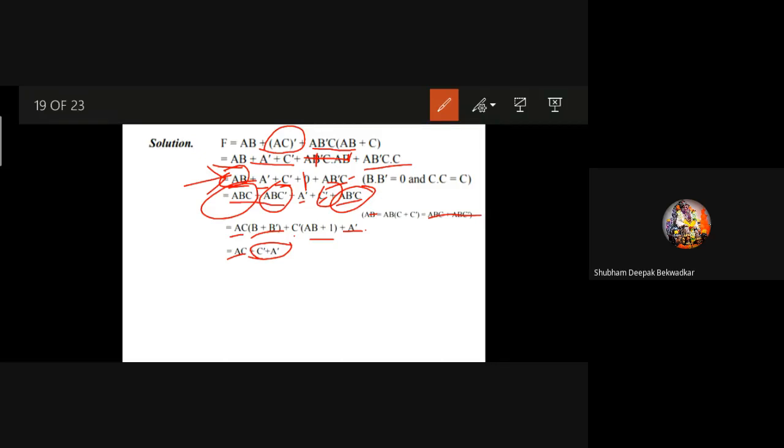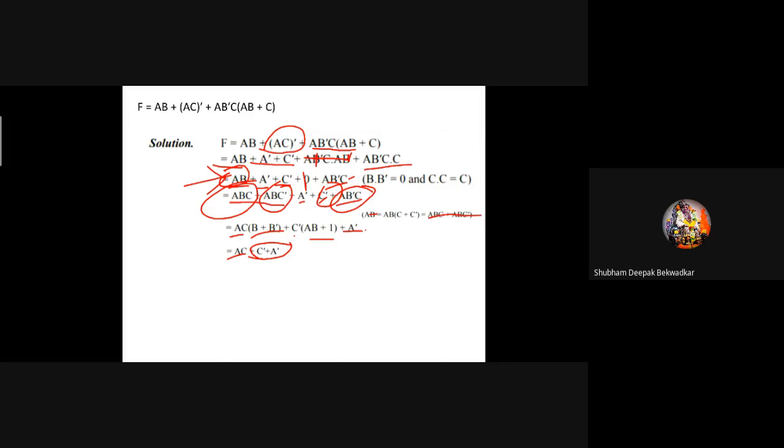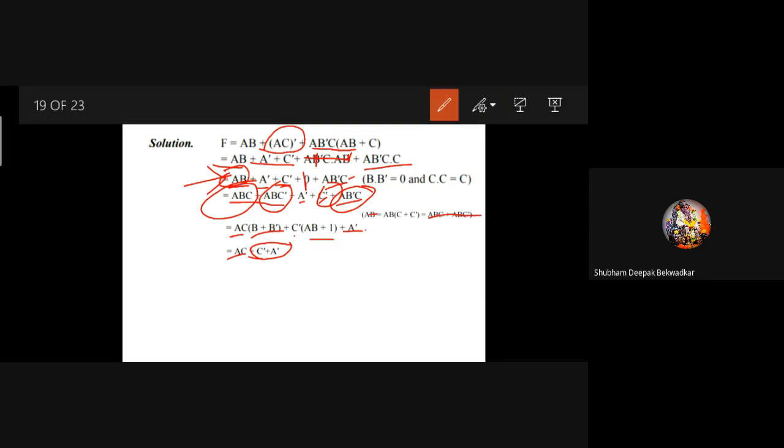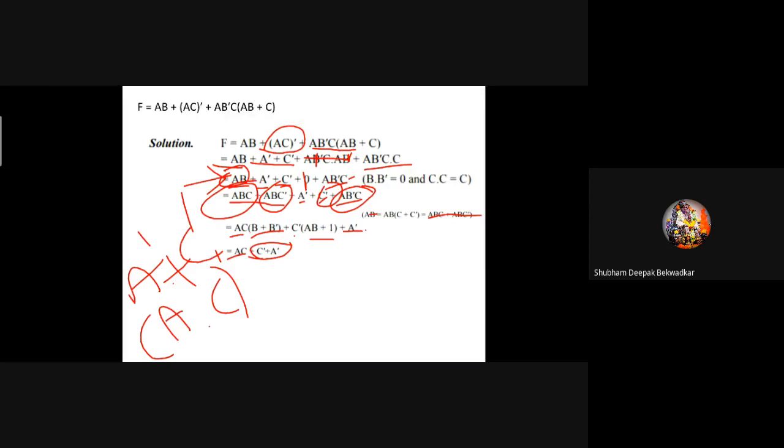According to De Morgan's theorem, A bar plus C bar can be written as A dot C the whole bar. So next step what we have done, AC plus AC bar.